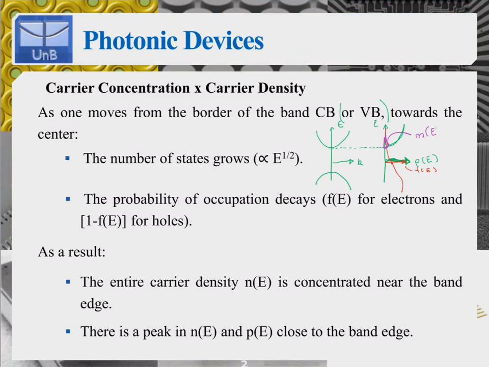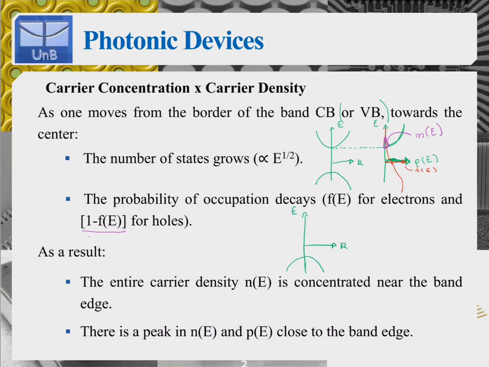And you would have something similar in the valence band, right? Except that in the valence band, the probability of occupation of holes is 1 minus F of E. So let's try to draw this here. So now we're talking about the valence band.